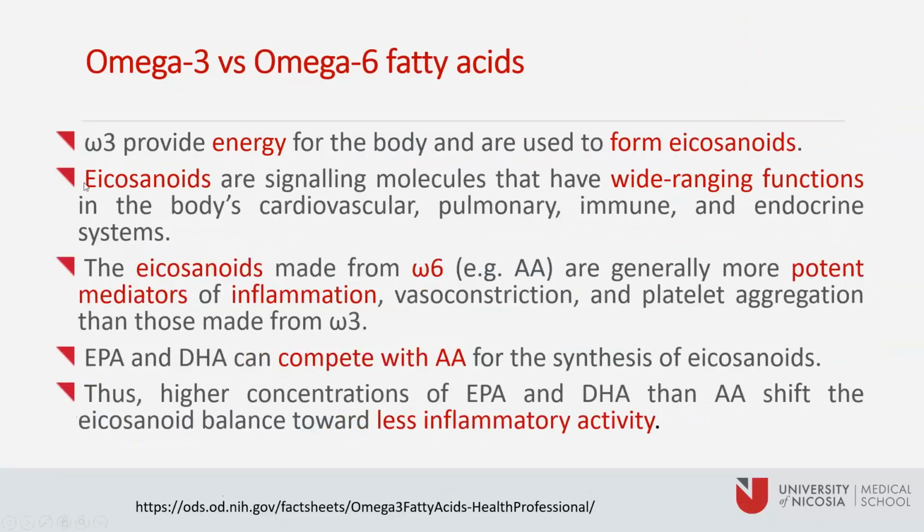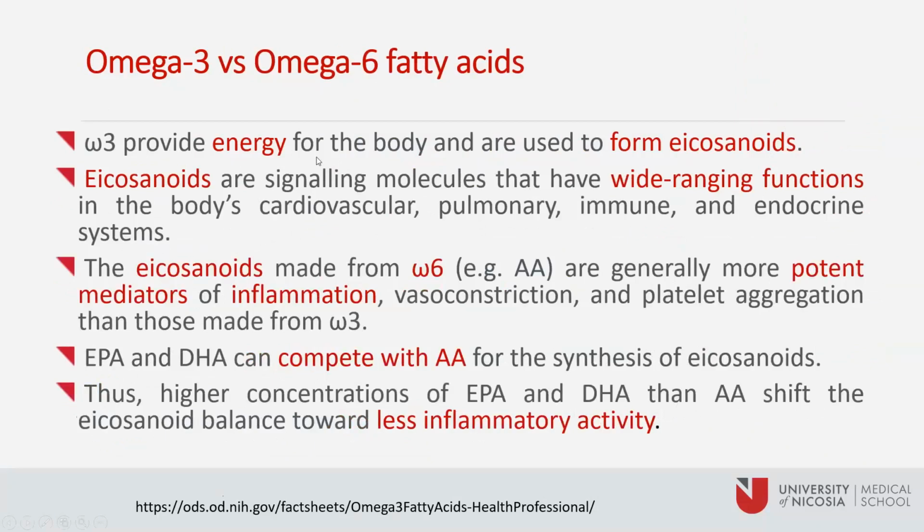Now, in terms of weighing the balance between the omega-3 versus the omega-6, let's see how this is related to the eicosanoids and the eicosanoids pathway. In addition to the energy provision from the omega-3, we also can form eicosanoids. So what are the eicosanoids? Let's just remind ourselves.